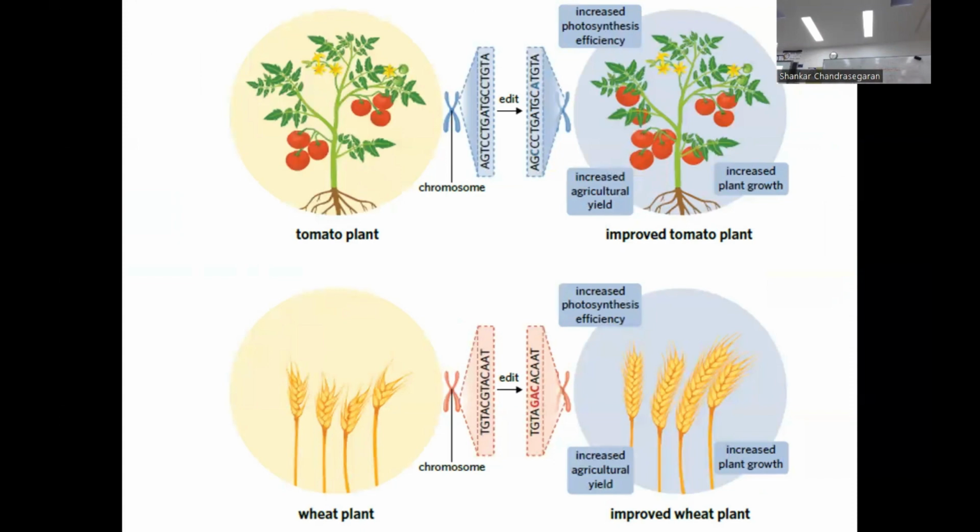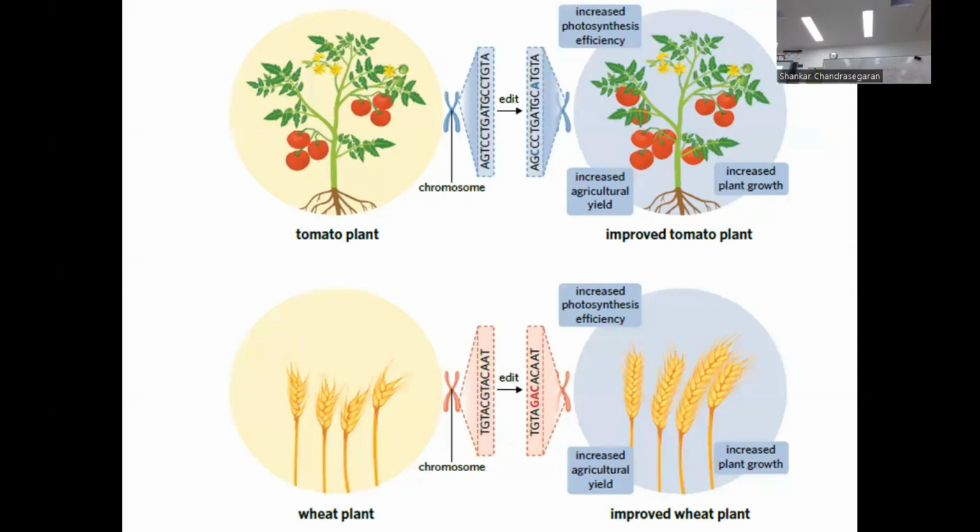Once we know how to edit it and the edit has been made, for example, if you see here, literally one base was changed from a T to an A, and that might have influence over the increased agricultural yield, meaning the amount of tomatoes that are generated, how much photosynthesis it can carry out, and also how well it can grow. So essentially modifying it to have all these benefits for our benefit.